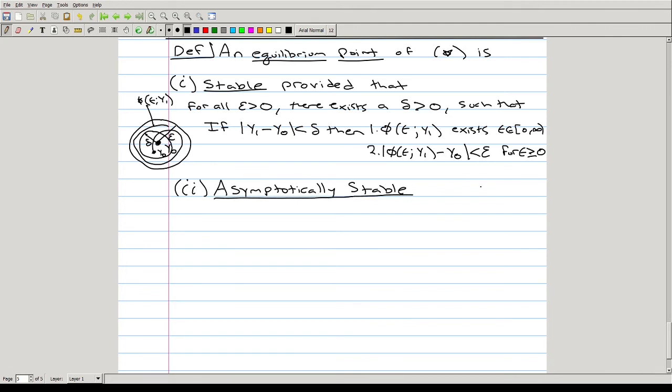So an equilibrium point is asymptotically stable, provided that it is stable.